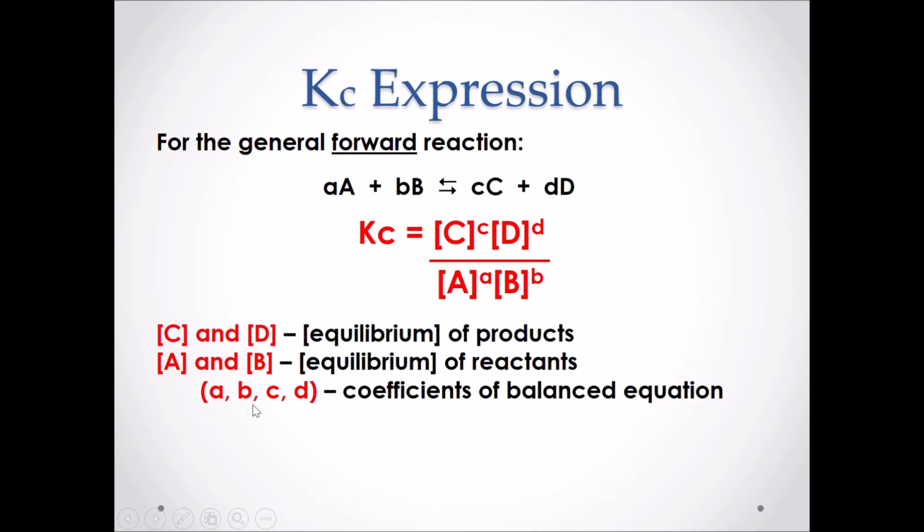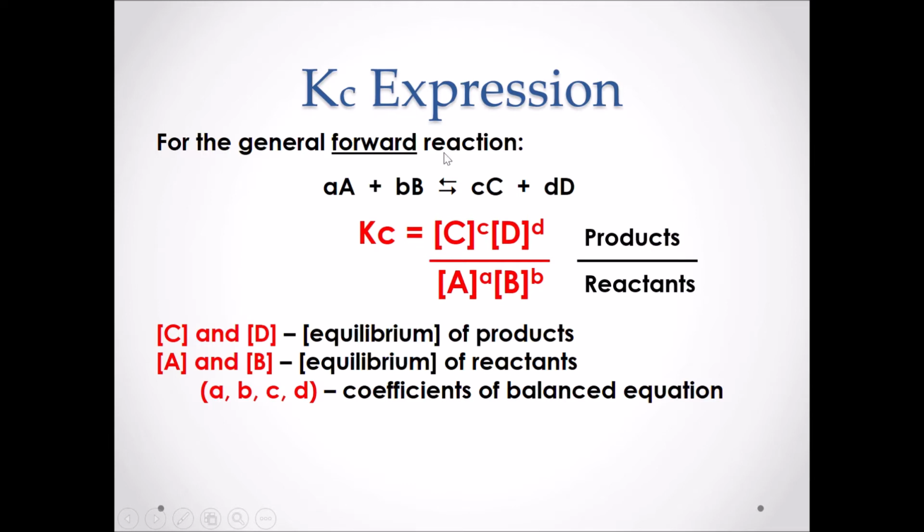Lowercase a, b, c, and d represent the coefficients in the chemical equation in front of each chemical species. It's important to note that to calculate Kc, our concentrations must be at equilibrium.